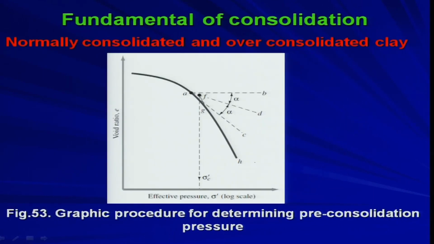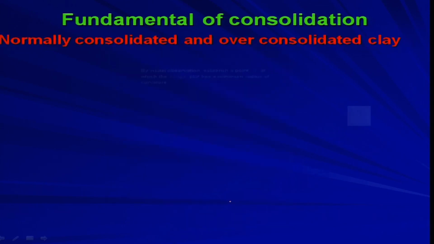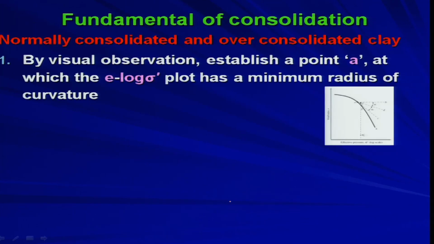Casagrande has proposed this e-log sigma prime plot, and we will explain all the steps involved to find the pre-consolidation pressure. This is the figure I just showed you, taken on a smaller scale to understand it.